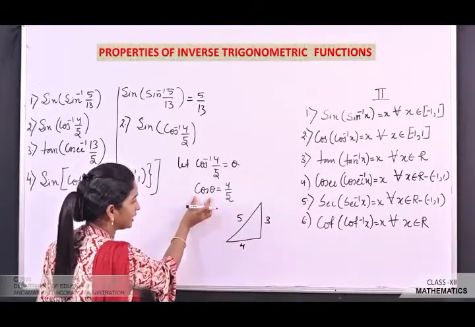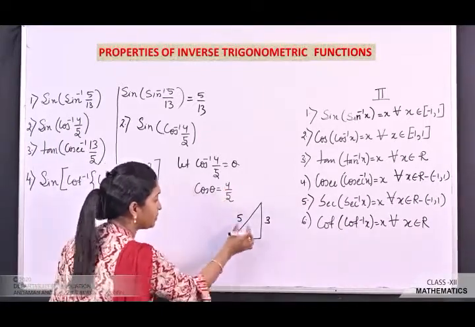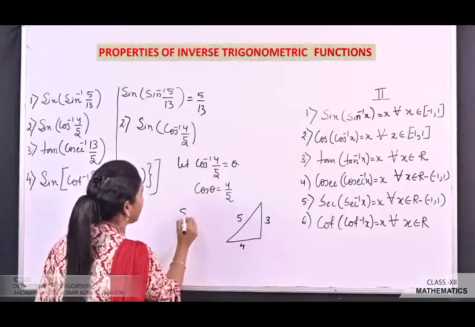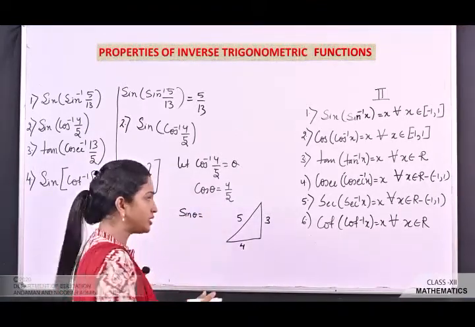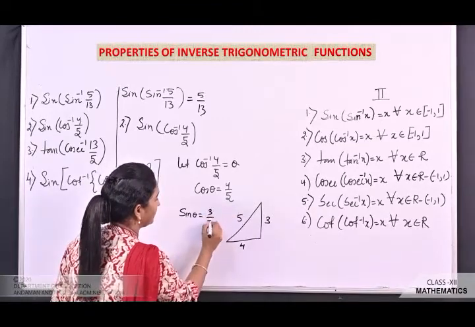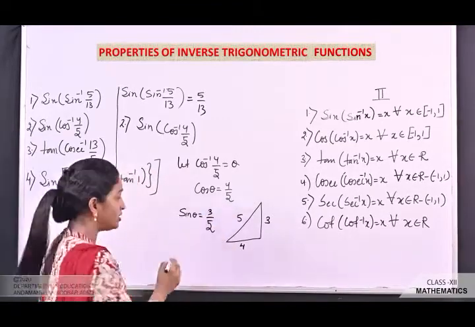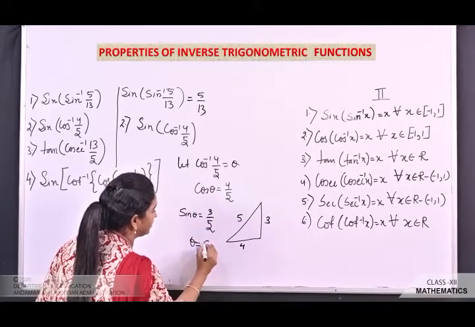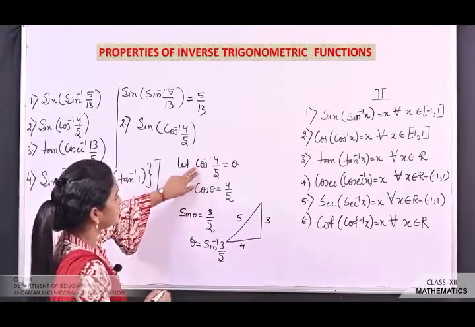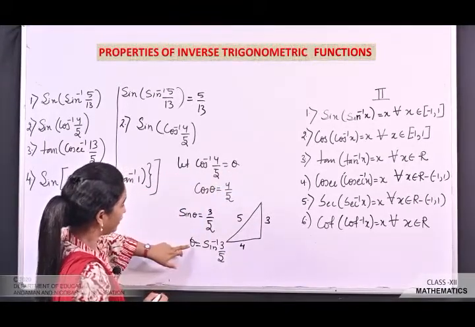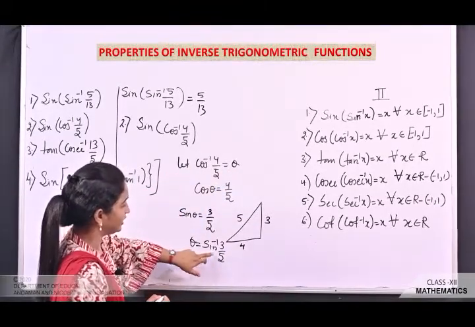So cos theta is 4 by 5. From here you can find sin theta. What is sin theta? Perpendicular by hypotenuse. That means 3 by 5. Clear? So theta will be what? Theta will be sine inverse 3 by 5. Cos inverse 4 by 5 is theta, and here you got the value of theta as sine inverse 3 by 5.